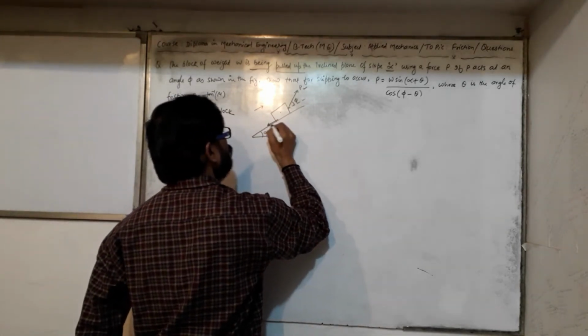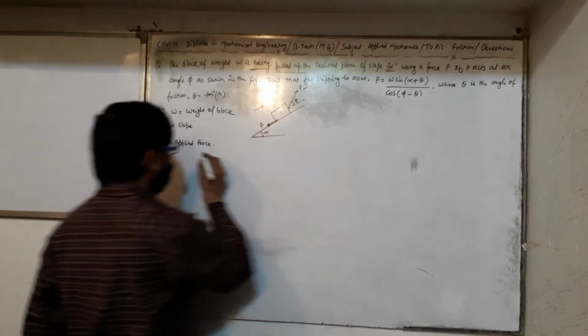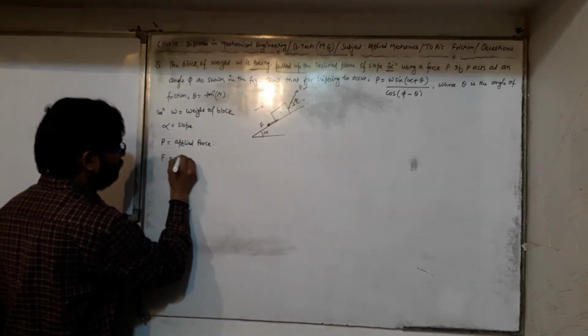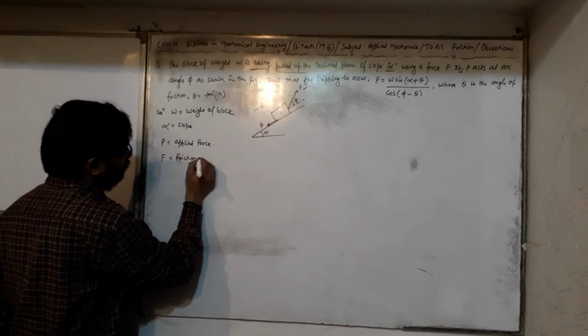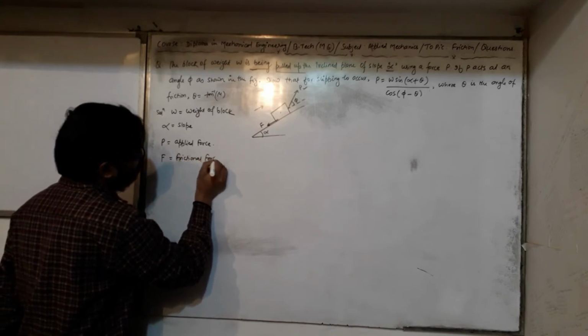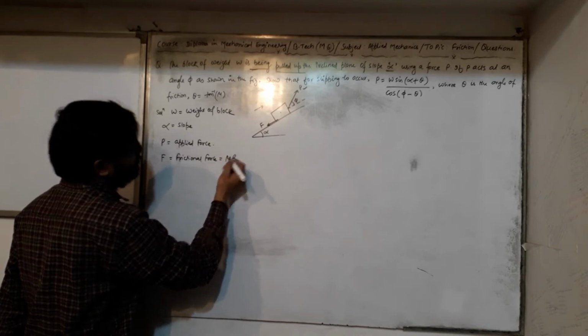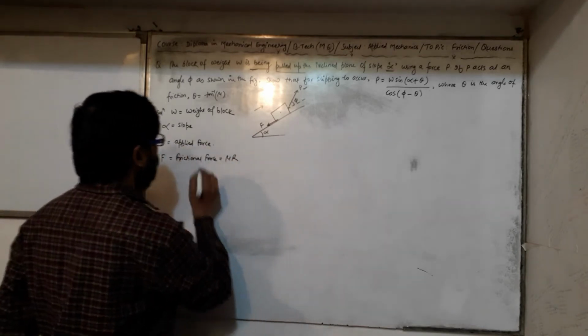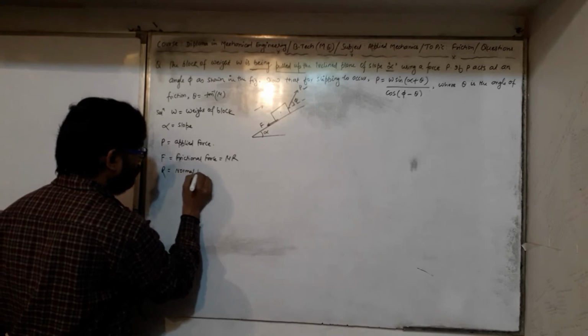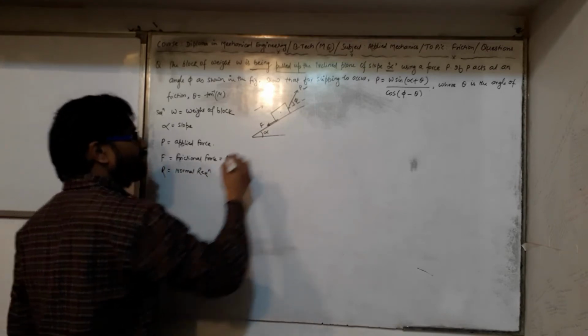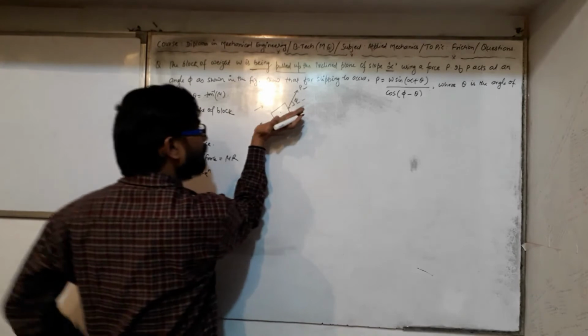F is the force of friction, whose value is mu times the normal reaction R, where R acts perpendicular to the plane.